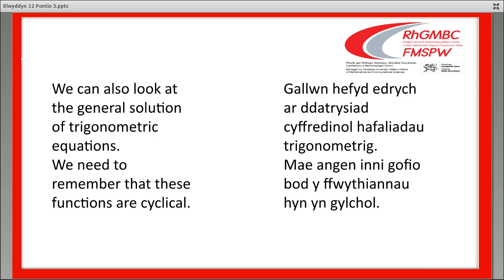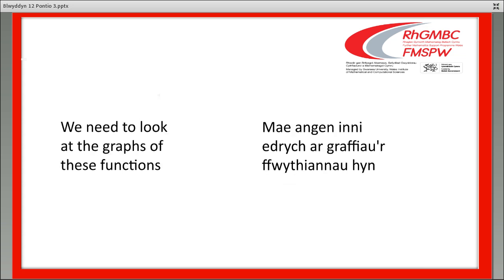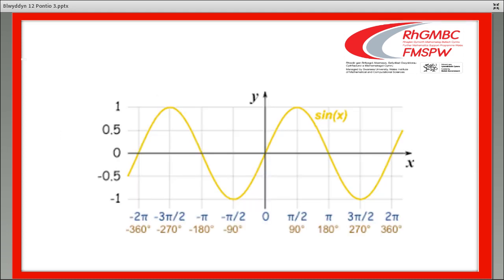But by the very nature of trig functions, one answer isn't correct. There are more answers. Now, if we actually look at the graphs of the functions, we will see the concept about it being cyclical in nature.